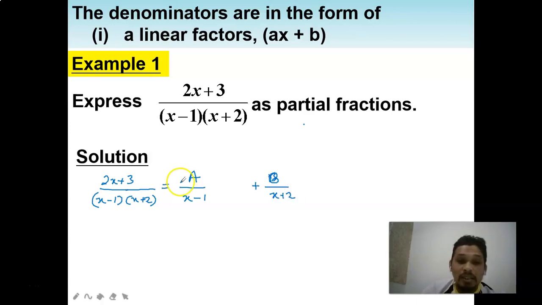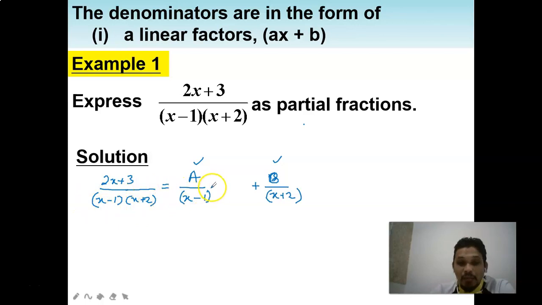The reason I give a space between this fraction and this fraction is that we are going to simplify this, and we equalize the denominator of this and this back to the original, x minus 1 and x plus 2.